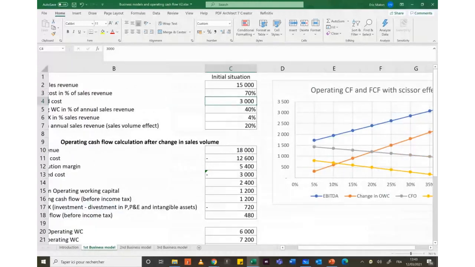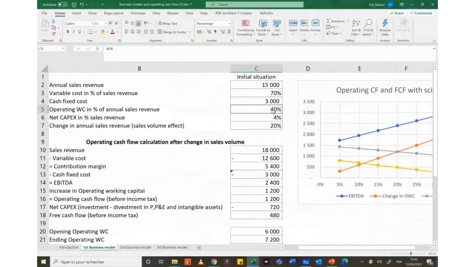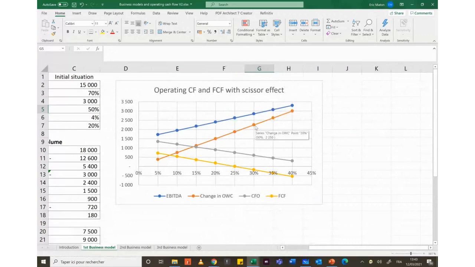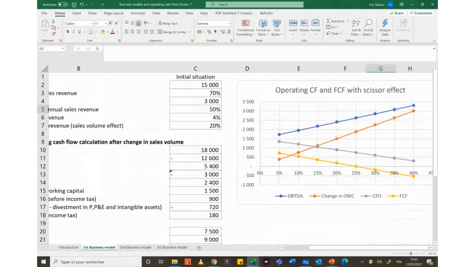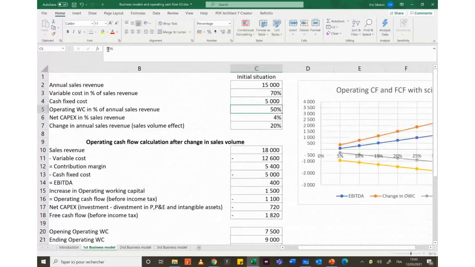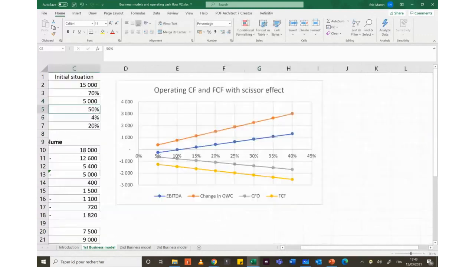And for the operating working capital, 50% of the annual sales revenue. We will finish with something negative, not already. I put a little more fixed cost, 5,000 cash fixed cost. So now the operating cash flow is negative, and more negative when we increase the growth rate.